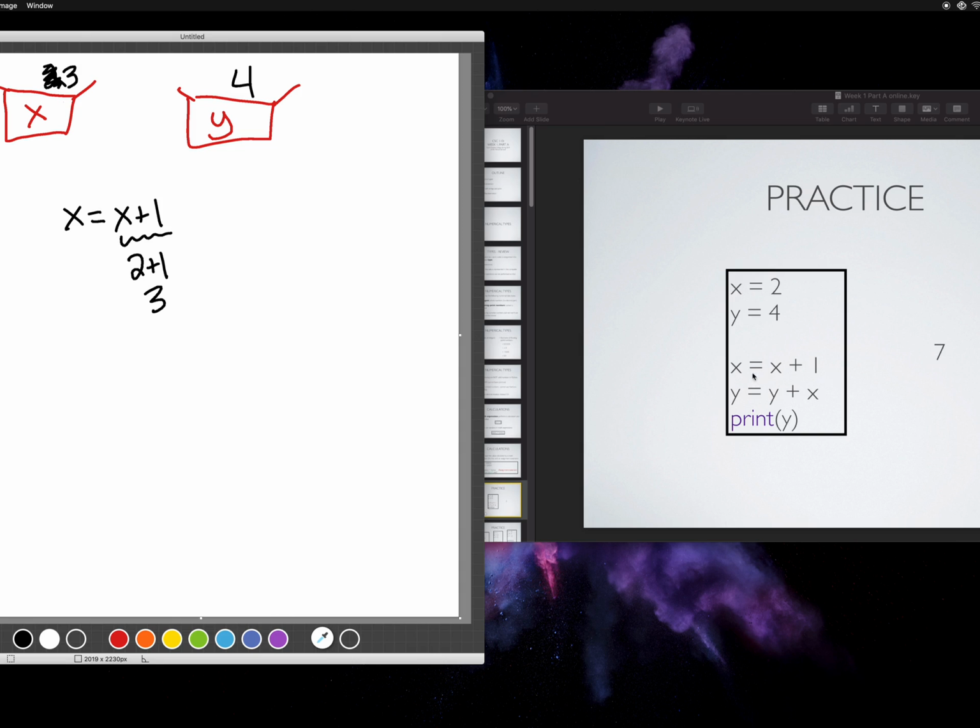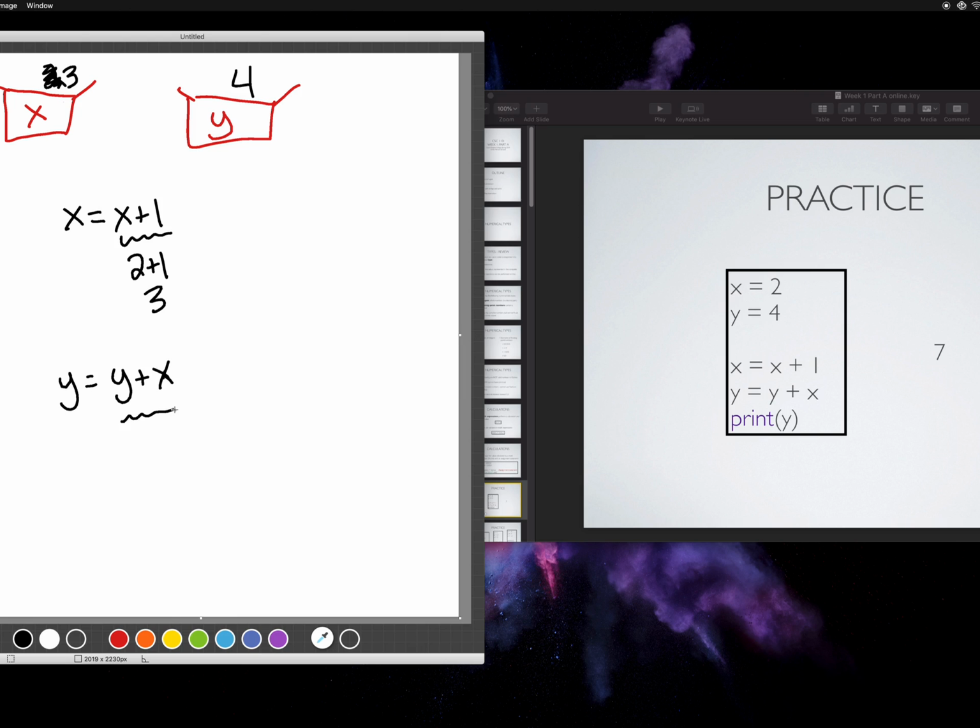We keep going though, because there's more code here, going top down. Next line of code is this one right here: y equals y plus x. Same sort of idea here. With an assignment statement, do everything on the right-hand side first, then put it into the left-hand side.